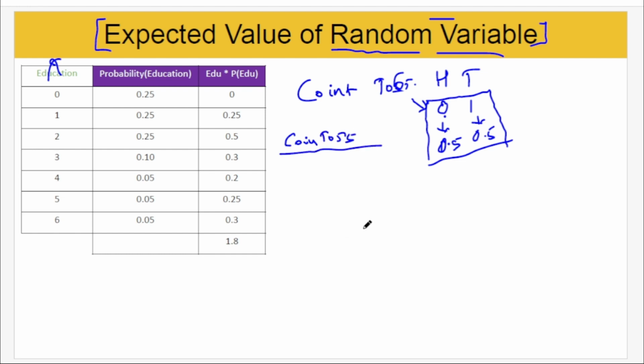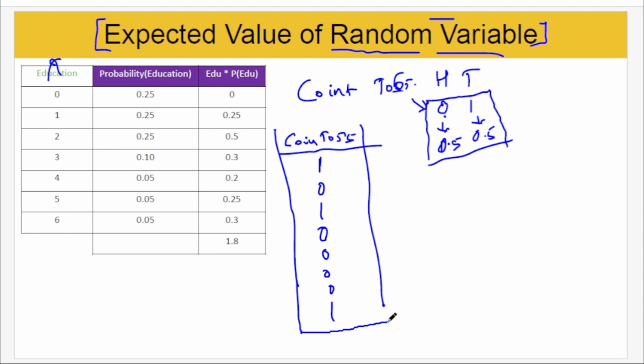Suppose this is my Excel file, and I will start recording. First coin, suppose it is head, I will take 1. Suppose it is tail, I will take 0. Again I got head, 1. Again tail, 0. I got continuously 3 tails, 0, 0, 0. Then I got head, 1. So 8 times only I did this.